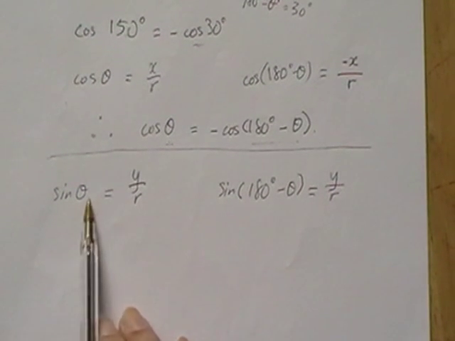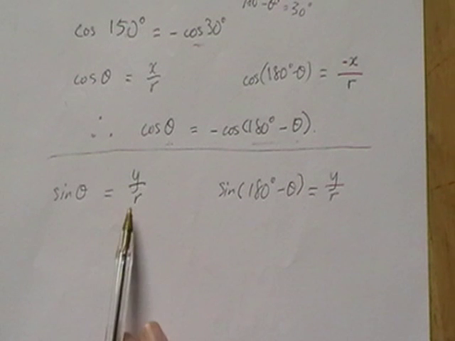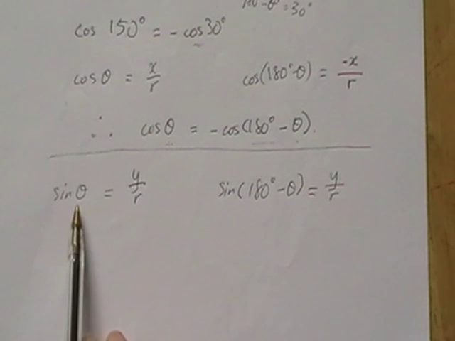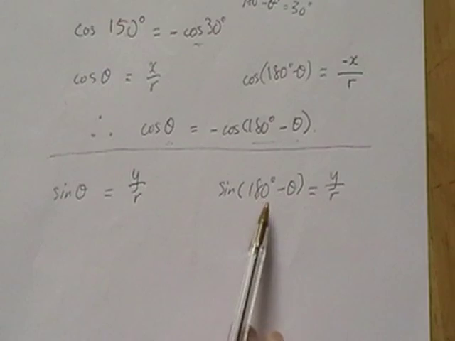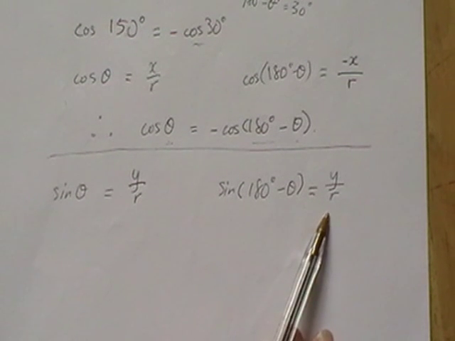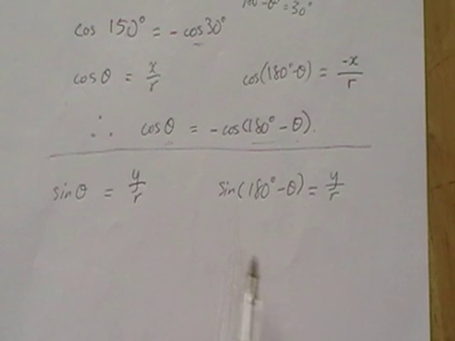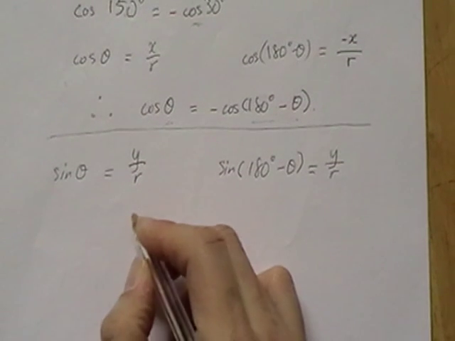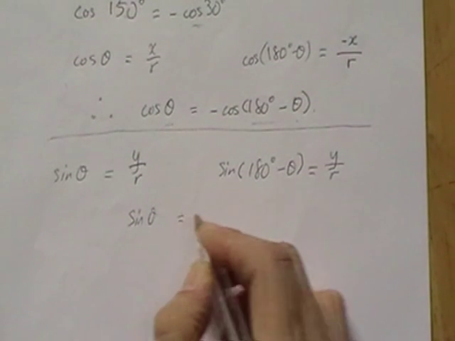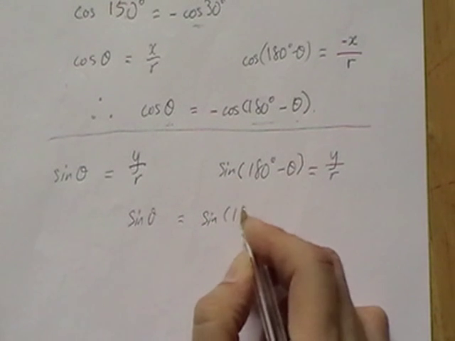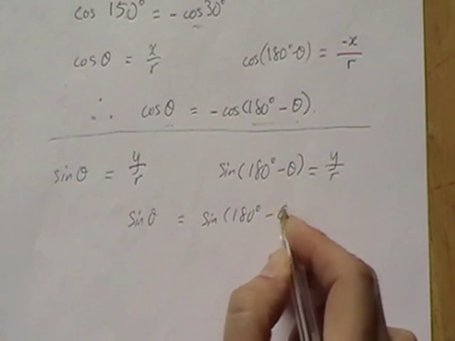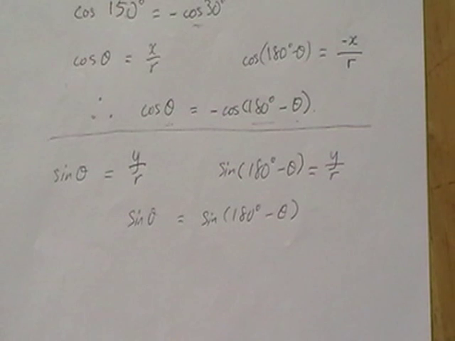Now, if I compare these two equations, you see that both sine theta and sine of 180 minus theta are equal to the same y over r. Therefore, sine theta is equal to sine of 180 degrees minus theta.